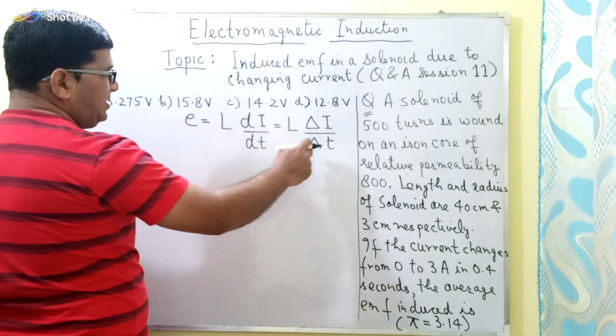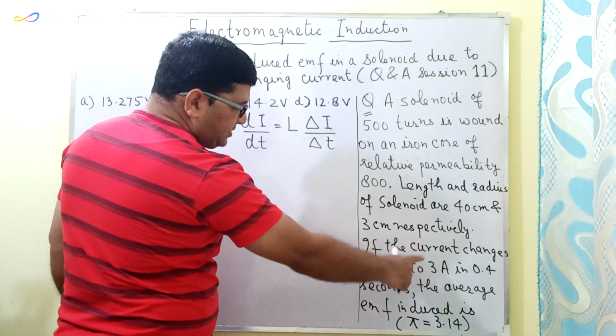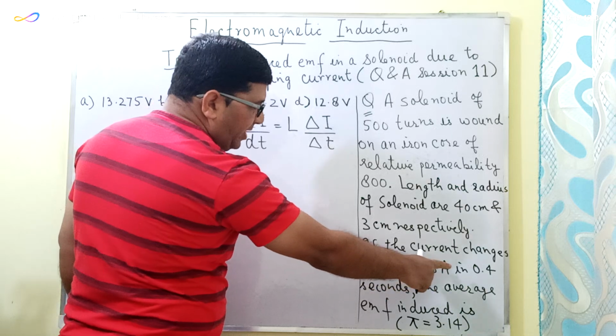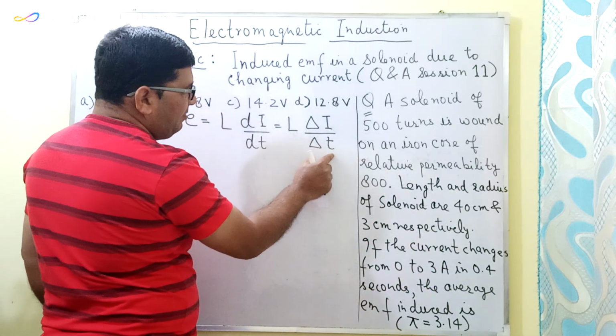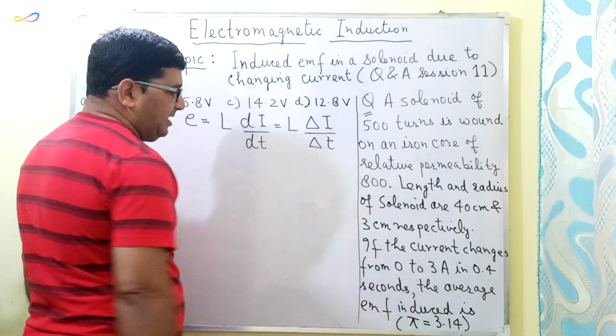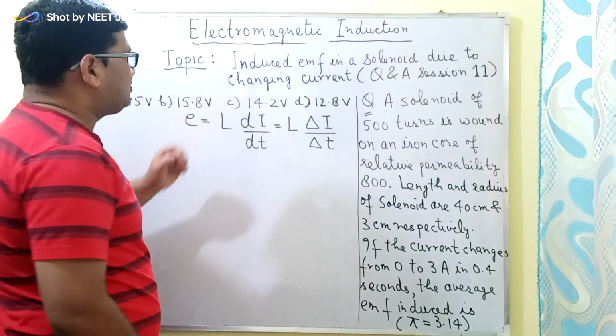In this question, delta I is known to us. Here the current is changing from 0 to 3 ampere in 0.4 seconds. So delta t is equal to 0.4 and delta I will be equal to 3 minus 0, that is equal to 3 ampere. So the only thing we have to find is the self-inductance of this solenoid.